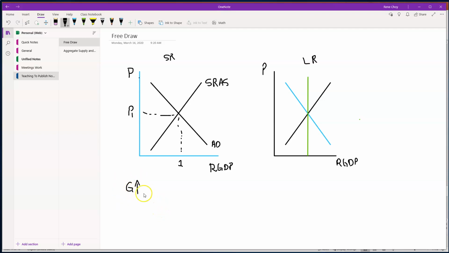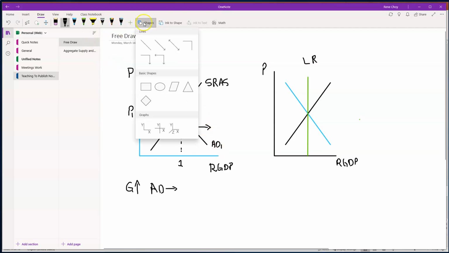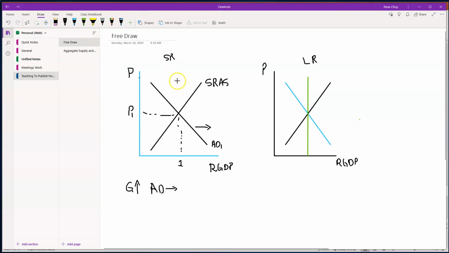Now, if you go back to the list of determinants, an increase in the level of government spending creates a shift to the right in the aggregate demand. So in our graph up here, we're going to go from aggregate demand 1 and draw to the right of that, aggregate demand 2.